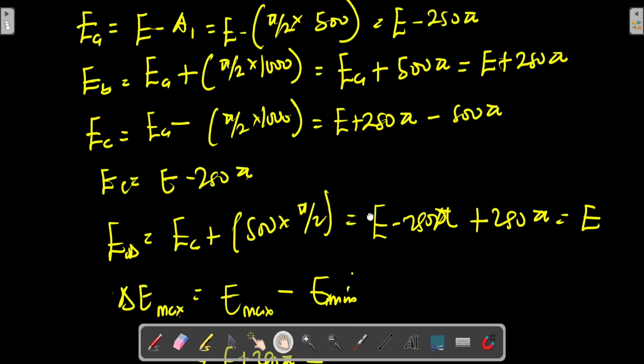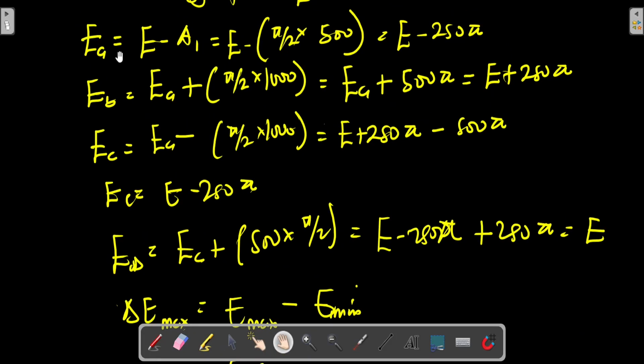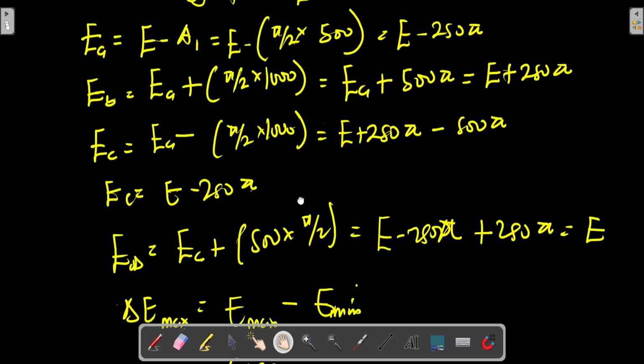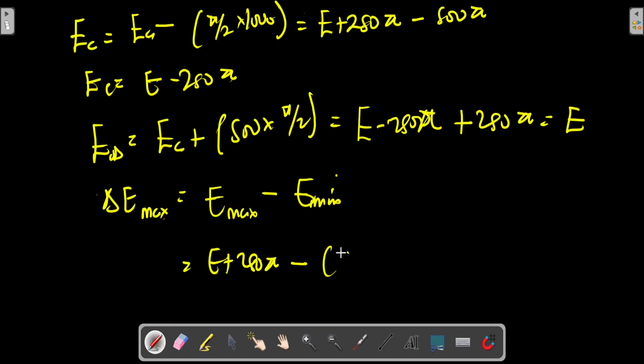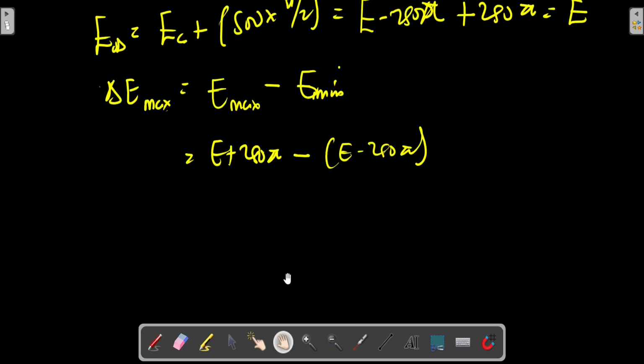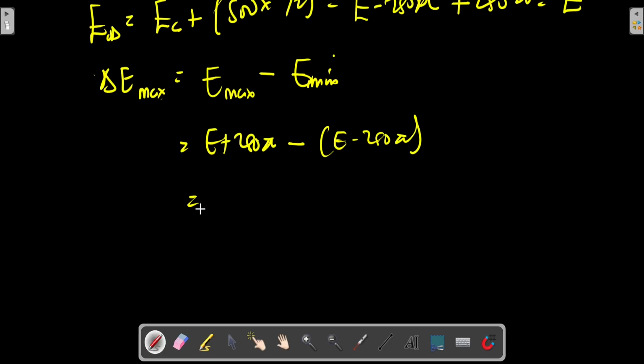That is the minimum energy we can get, and that occurs at point A and point C. So E plus 250 pi minus E minus 250 pi, what do we get? We end up getting 250 pi plus 250 pi, which is 500 pi Newton meter.